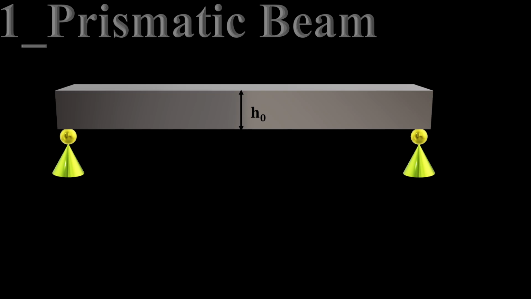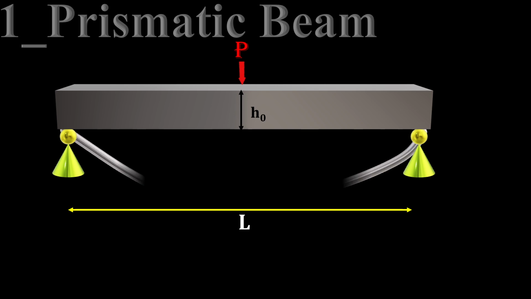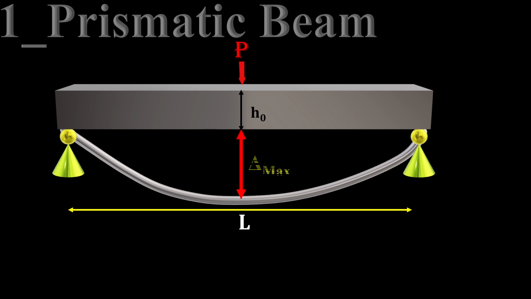Now, the only thing we have to pay attention to is that the deflection of a non-prismatic beam is double that of the same prismatic beam with the same materials and the same height. For example, if we have a prismatic beam here, with two simple supports and a concentrated load, delta maximum is equal to PL cubed over 48 EI.